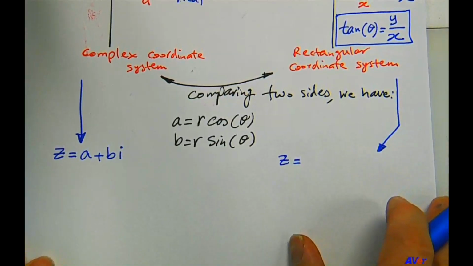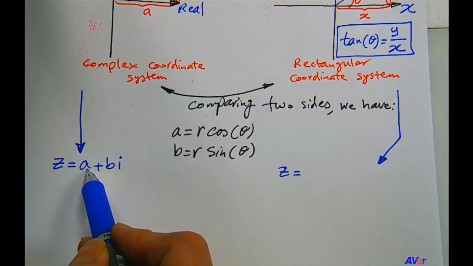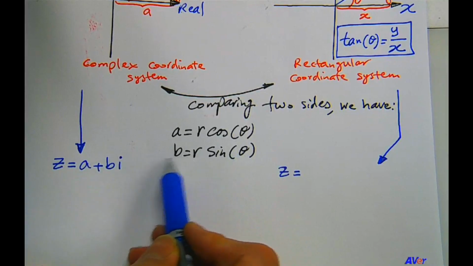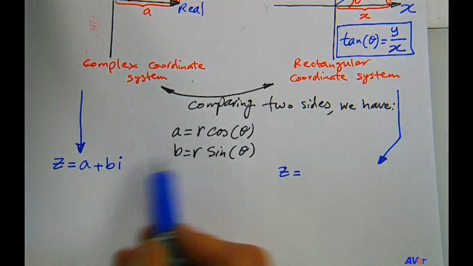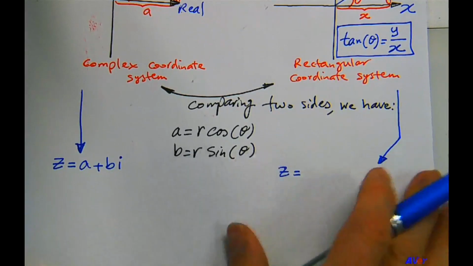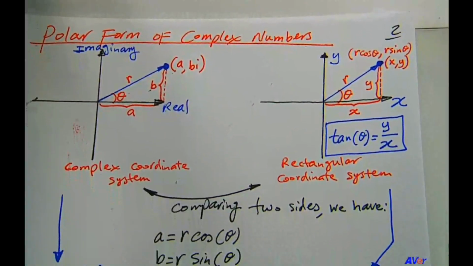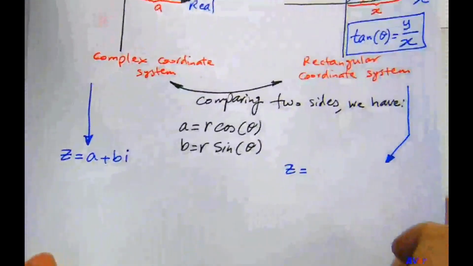Okay, so on that side, we can write this as Z equals, because we just showed A is equal to R cosine theta and B is R sine theta, right? We just did that by comparing these two coordinate systems.